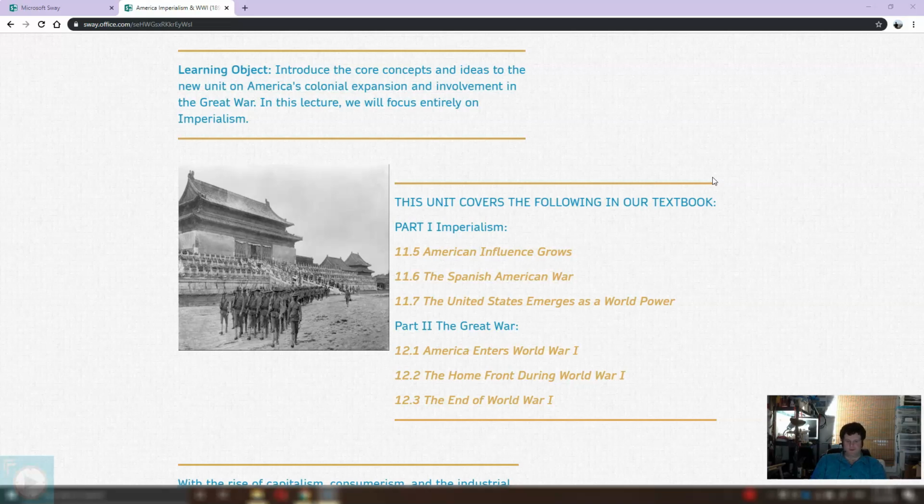In Chapter 11, or Topic 11, however they count it, it covers America's Influence Grows, the Spanish-American War, and the United States emerges as a world power. The second half of this unit, which will be in the next lecture, is on the Great War, which has 12.1, America enters World War I, 12.2, the home front during World War I, and 12.3, the end of World War I.